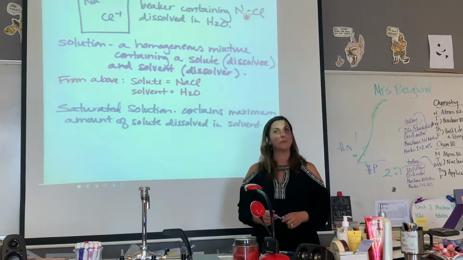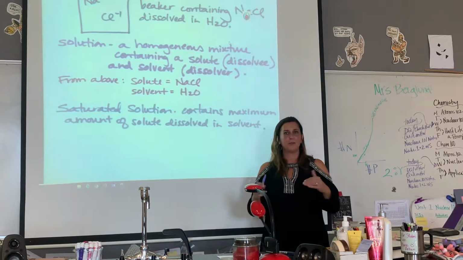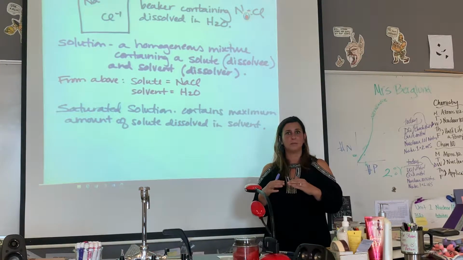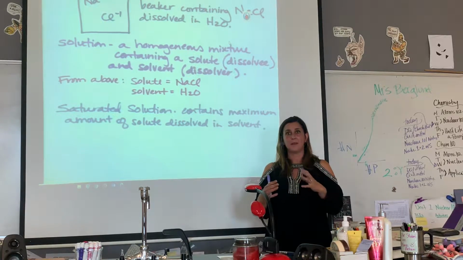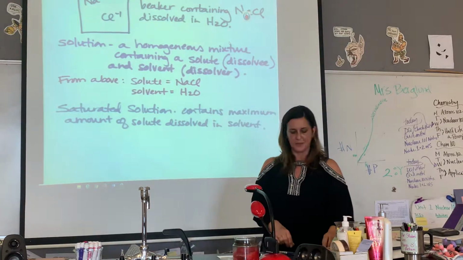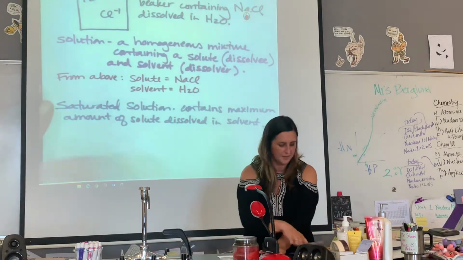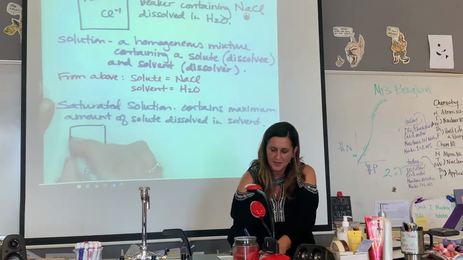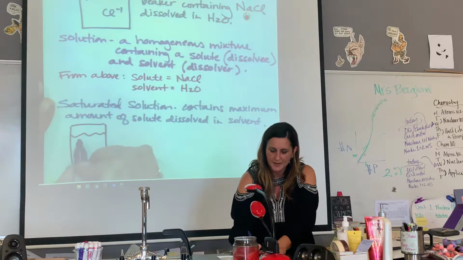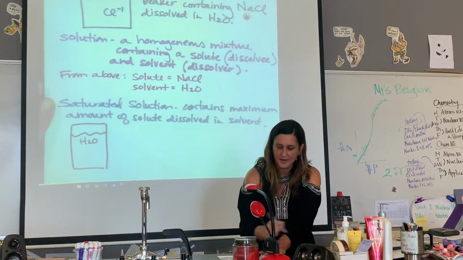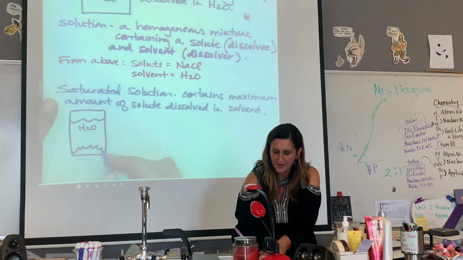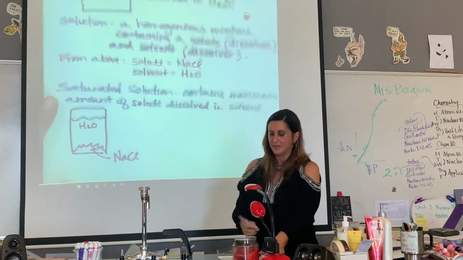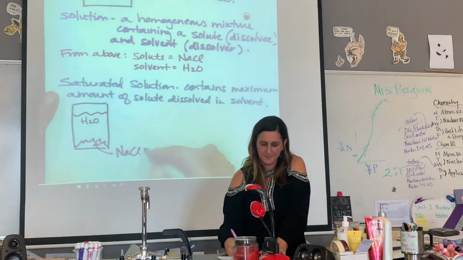The way you can tell that something is saturated is you have leftover solid at the bottom of the liquid phase in this solution. So if I drew another picture, let's say I have a solution, and out here is our water, and at the bottom we have sodium chloride solid.